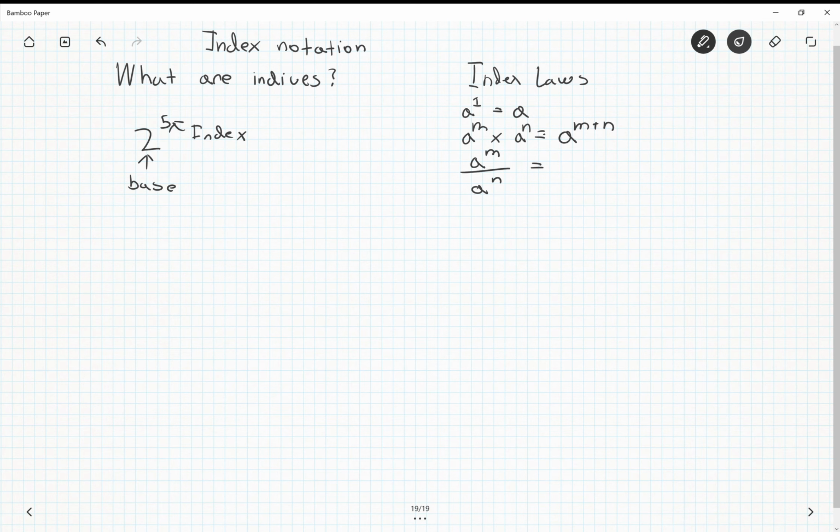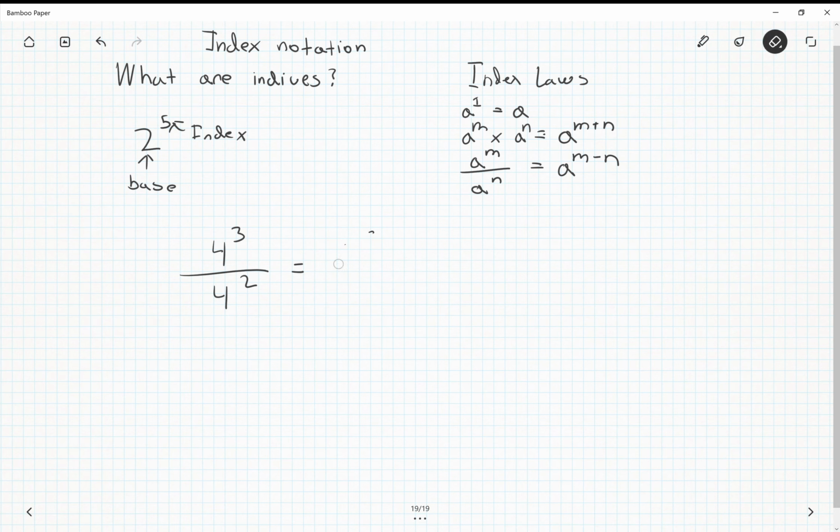Well, if a to the power m times a to the power n equals a to the power m plus n, that means this would be a to the power of m minus n. So that's one other law. If we have the example 4 to the power 3 divided by 4 to the power 2, this would essentially equal 4 to the power 3 minus 2. So that's another index law.